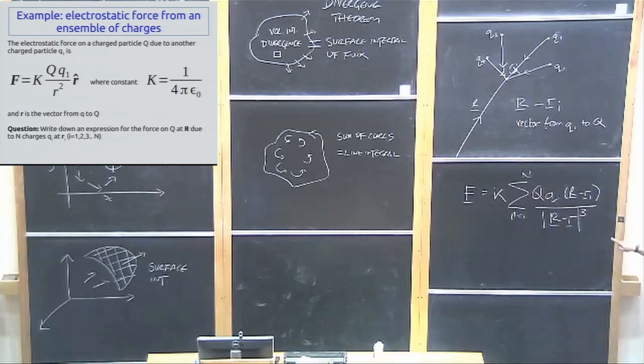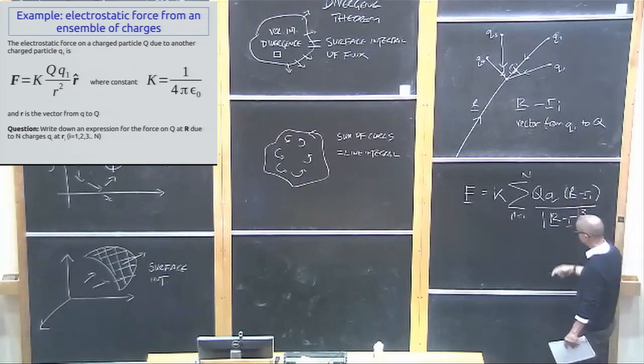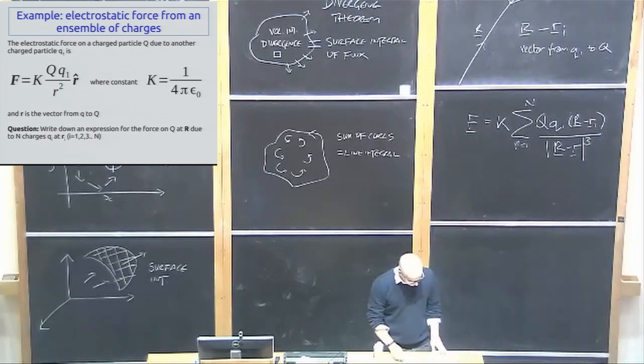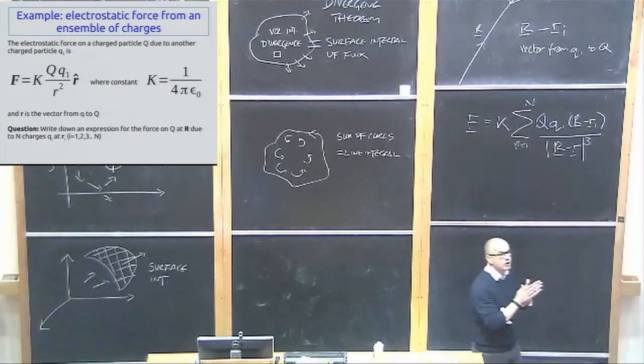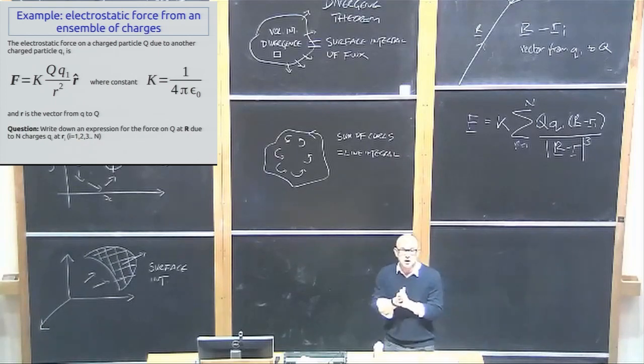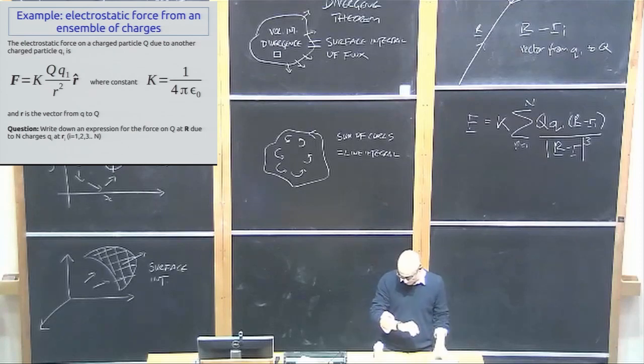And what we've done there is we've simply used the fact that we can replace the unit vector in a given direction by the vector itself divided by its magnitude. So that's a very obvious example of just adding vectors together to work out via superposition what the total field is at some given point.